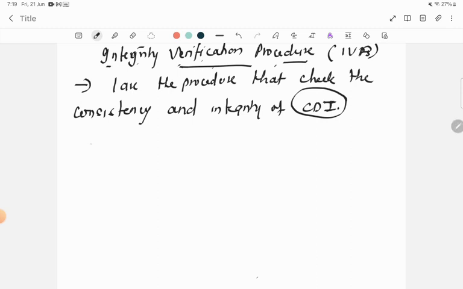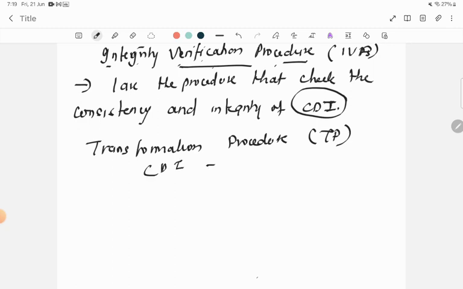Okay, the next term is transformation procedure, also known as TP. TPs are well-formed transactions that transform the CDI from one valid state to another. CDI means constrained data item.